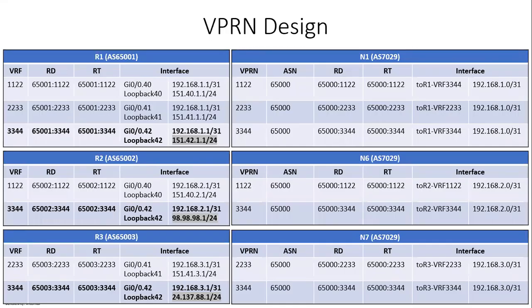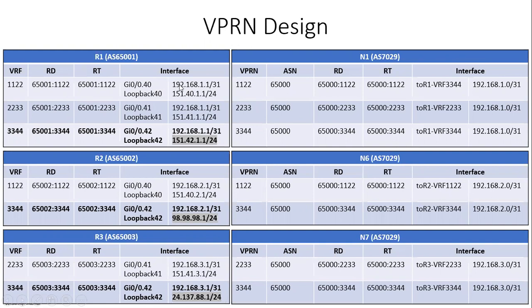So here's the VPRN design in tables. I figured it'd be probably a little bit easier to visualize. So we're only going to be focusing on the VRF and the VPRN 3344. And I've highlighted each of the subscribers' public IPv4 blocks that we need to make reachable through our VPRN.